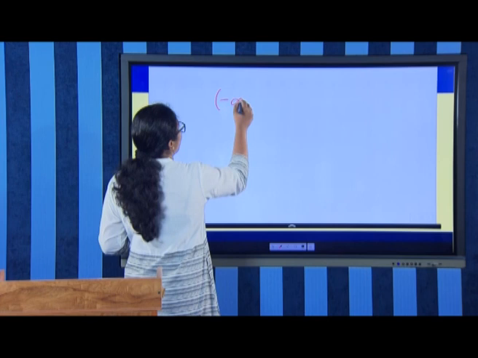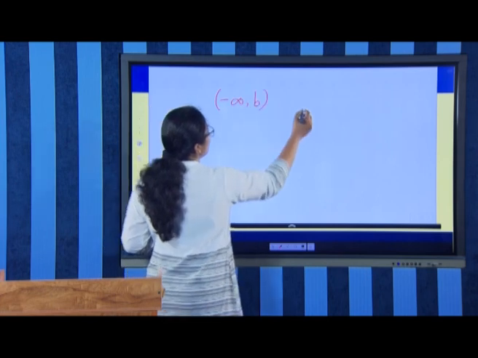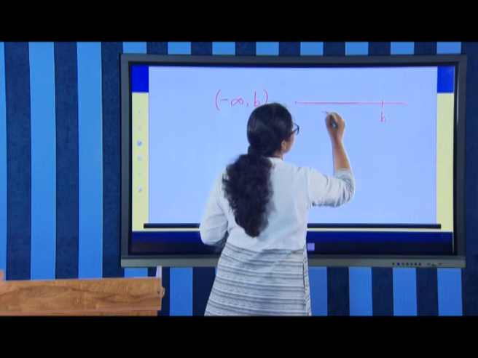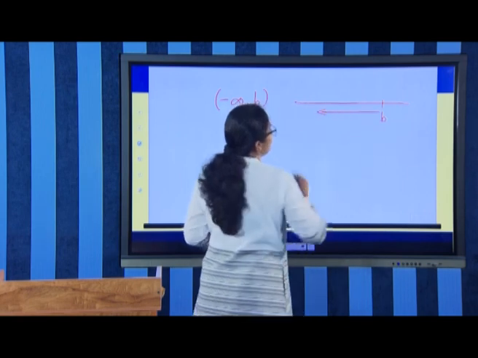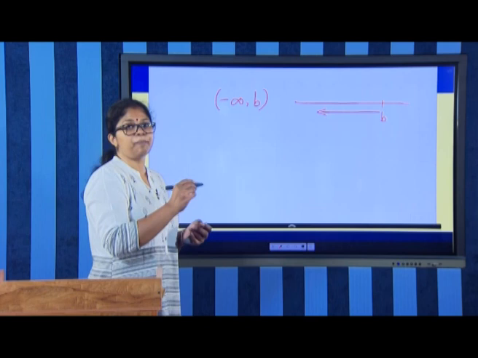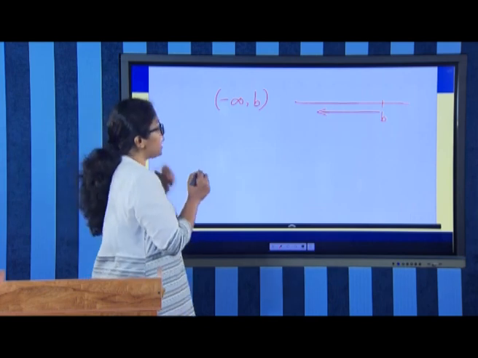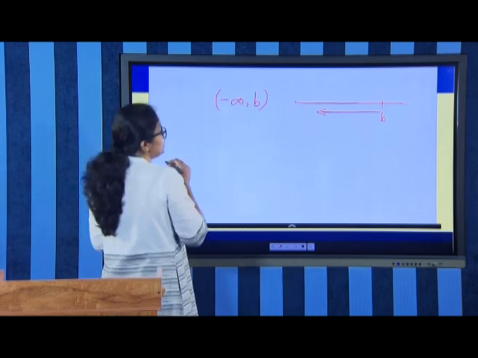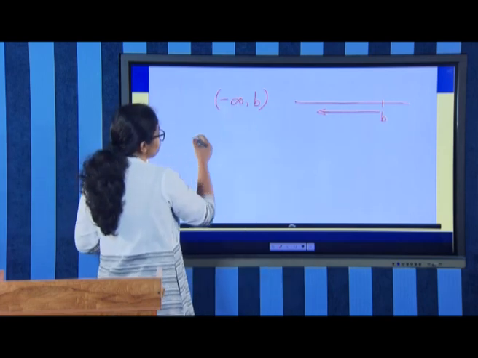The open interval (minus infinity, b) can be considered as the entire real line with some point b here, and from b it is an open-ended ray going to negative infinity. That is why it is called an open ray.